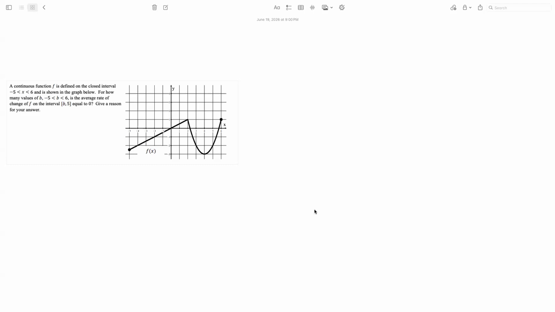When will the average rate of change be 0? So on the interval b comma 5. So let's see. When will the average rate of change be 0? B comma 5, right?